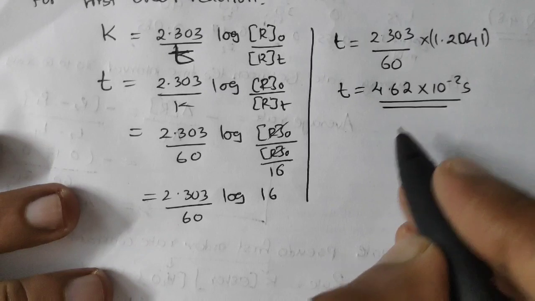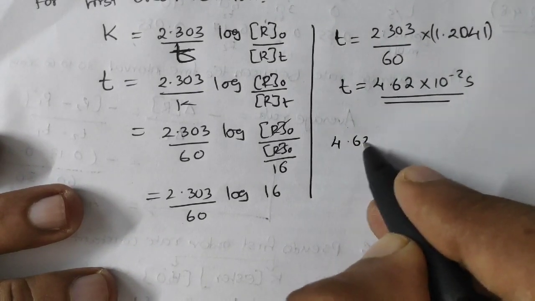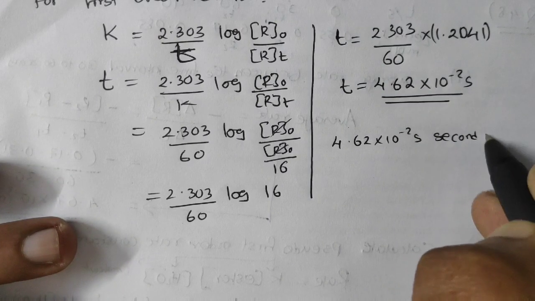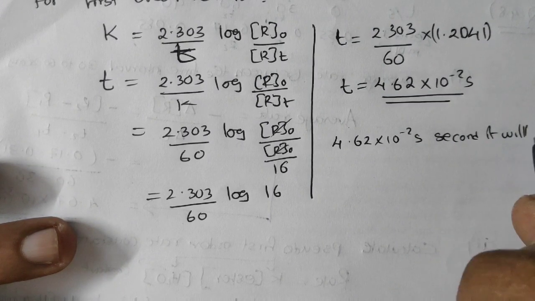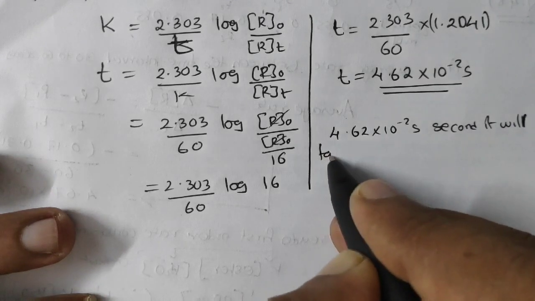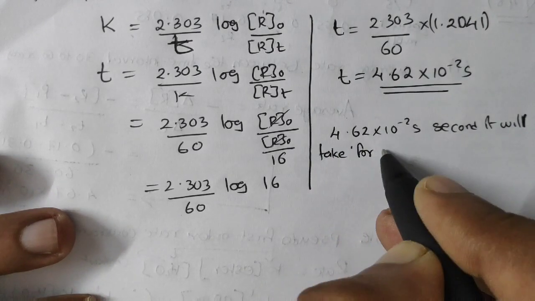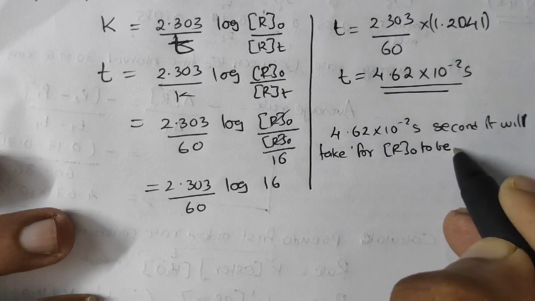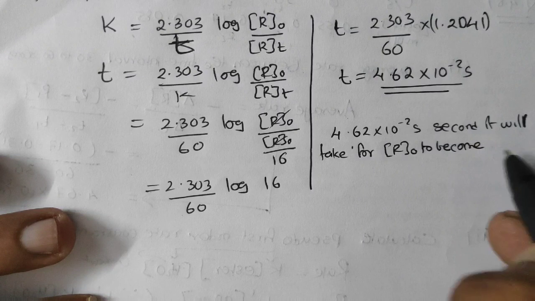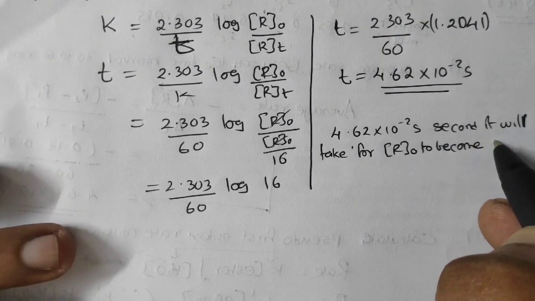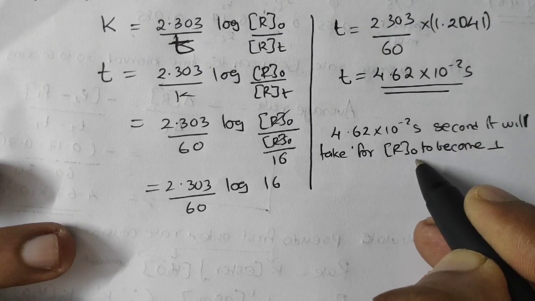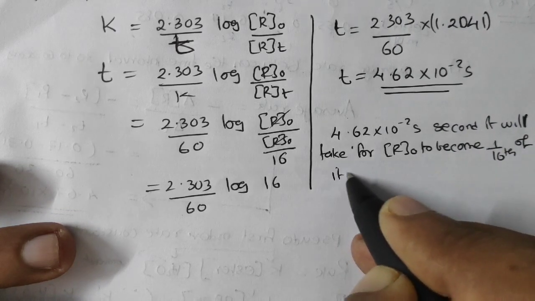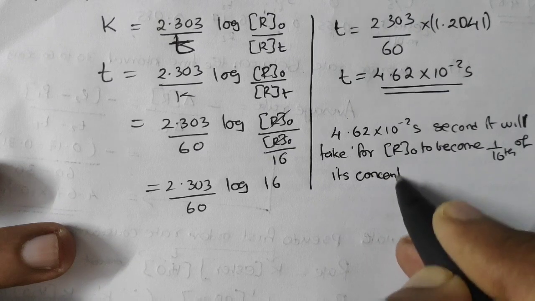So this much time, 4.62 into 10 raised to minus 2 seconds, it will take for R0 to become 1/16 of its concentration.